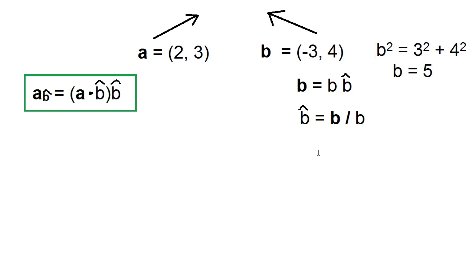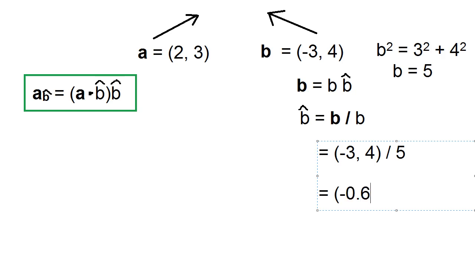To find b hat, all I need to do is take vector b, which is negative 3, comma negative 4, and divide it by 5. Now, when you divide something in brackets by a number, you need to divide both numbers inside by that number. So for vector b hat here, negative 3 divided by 5 is negative 0.6, and 4 divided by 5 is 0.8.